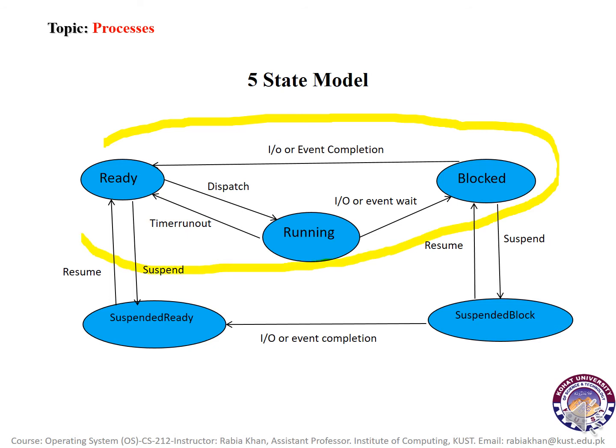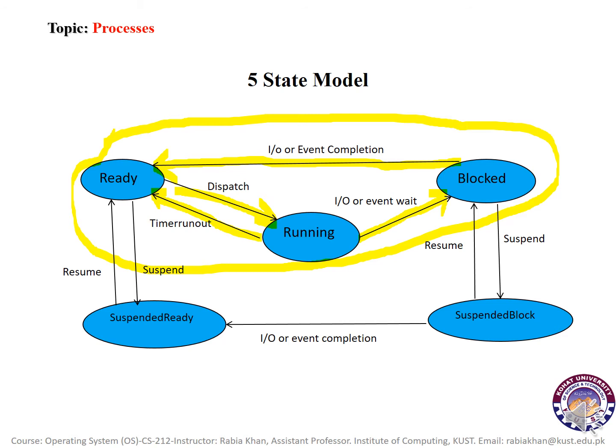A process goes from ready state to running state and back from running to ready state. A running process can be blocked for some event, for any IO request, and it can wake up to the ready state when the event completes. So this is the three-state model that we had already discussed.